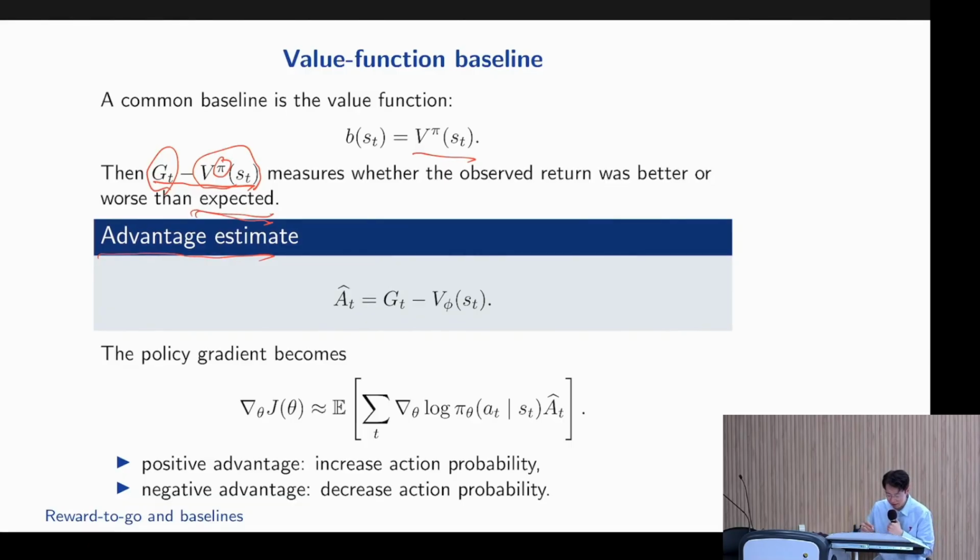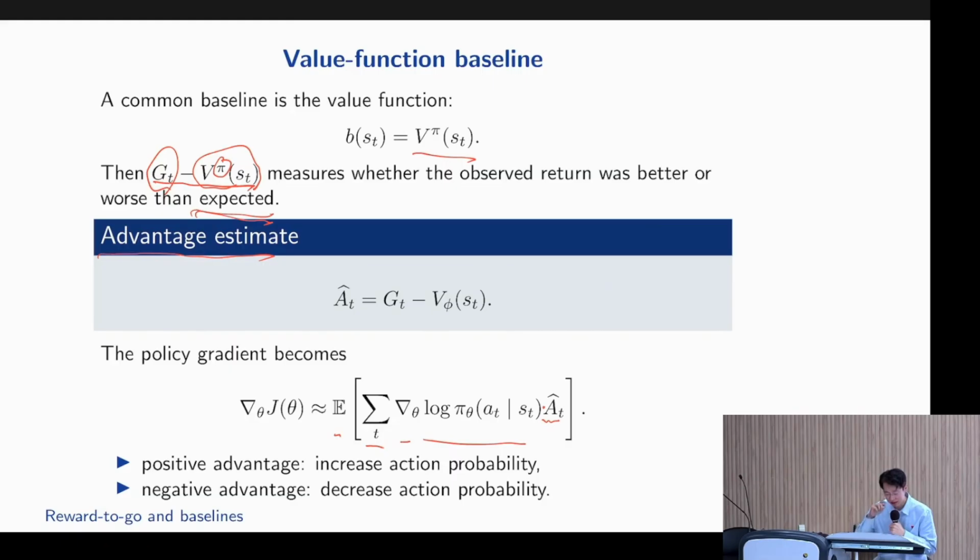So the policy gradient now is the expectation of the sum over time steps of the gradient log action probability, weighted by the advantage. If this action had positive advantage, you increase the action probability. If it was negative advantage, you decrease the action probability.